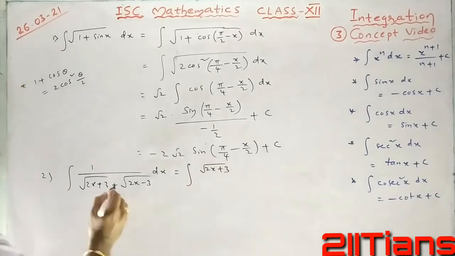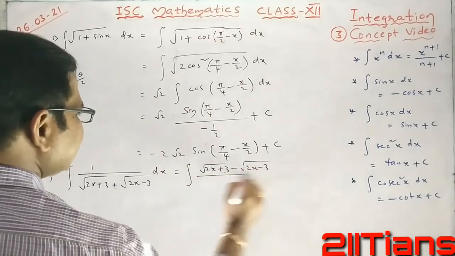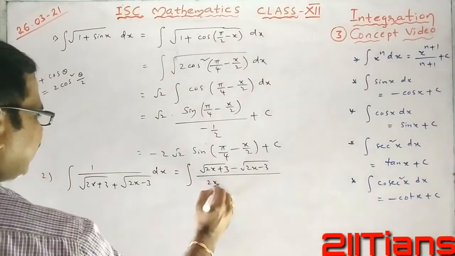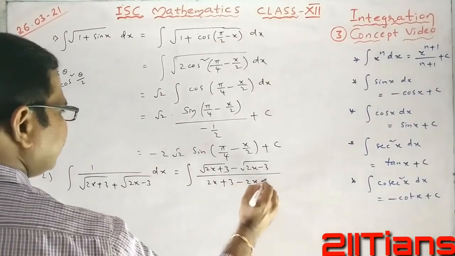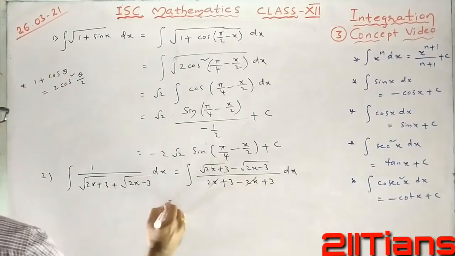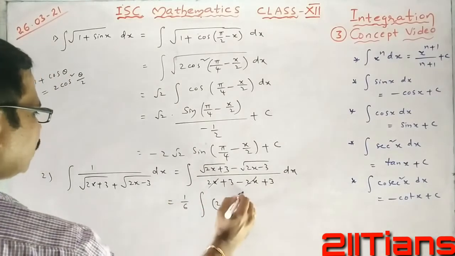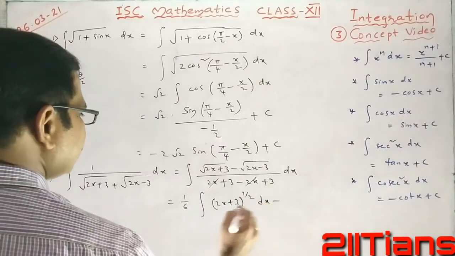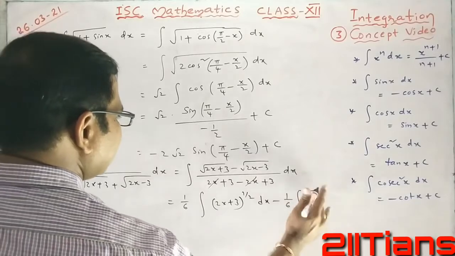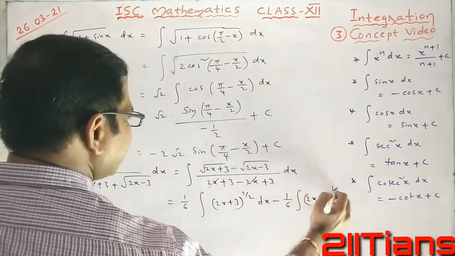Square root of 2x plus 3, here we have plus, so multiply by square root of 2x plus 3 minus square root of 2x minus 3, and in the denominator we will get a plus b into a minus b, so a square minus b square, dx. So 1 by 6, keep it out. Integral of 2x plus 3 whole to the power 1 by 2 dx minus 1 by 6 integral of 2x minus 3 whole to the power 1 by 2 dx.